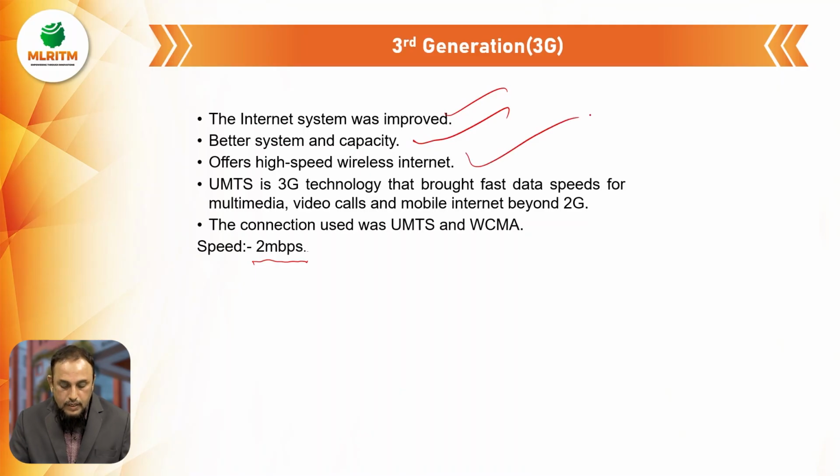This technology uses the Universal Mobile Telecommunication System, 3G, that is UMTS. UMTS is a technology that provides fast data speeds for multimedia, video calls, and mobile internet. The connection used in UMTS is WCDMA, wideband code division multiple access.